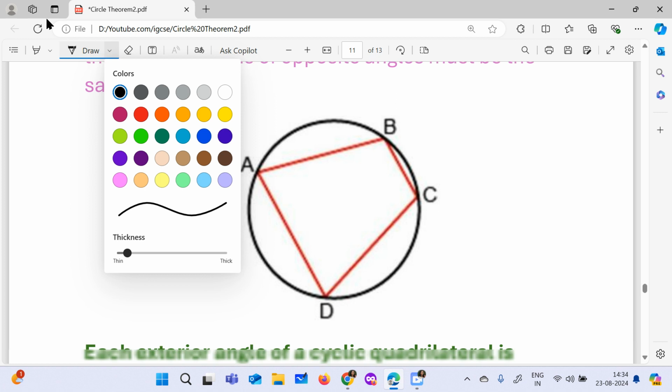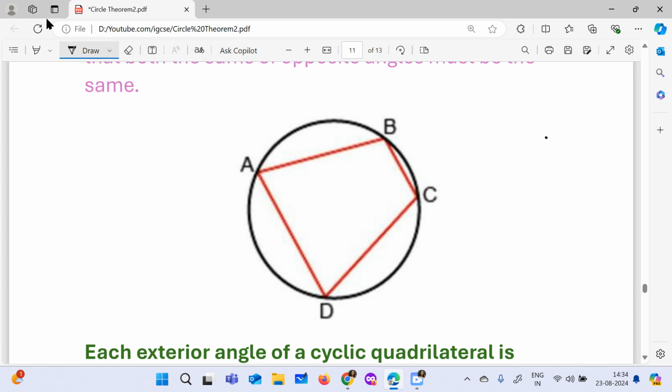If you cut the quadrilateral in half, it's going to be the same. No. See, you have a circle and inside the circle you have a quadrilateral. A cyclic quadrilateral has all its vertices on the circle, right?